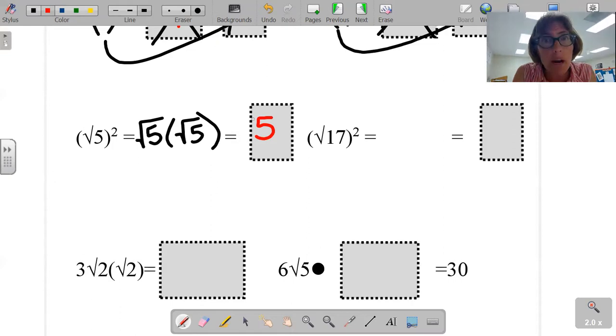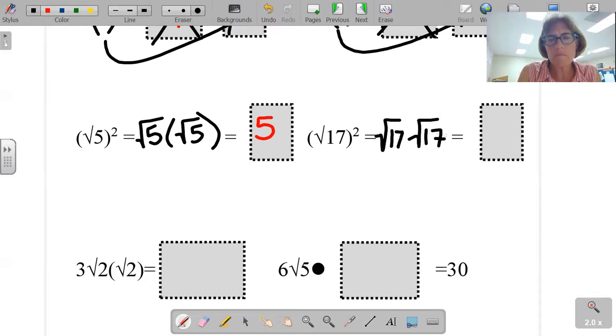So root 5 squared is simply 5. Root 17 squared is root 17 times root 17, which is 17. See how easy this is getting?